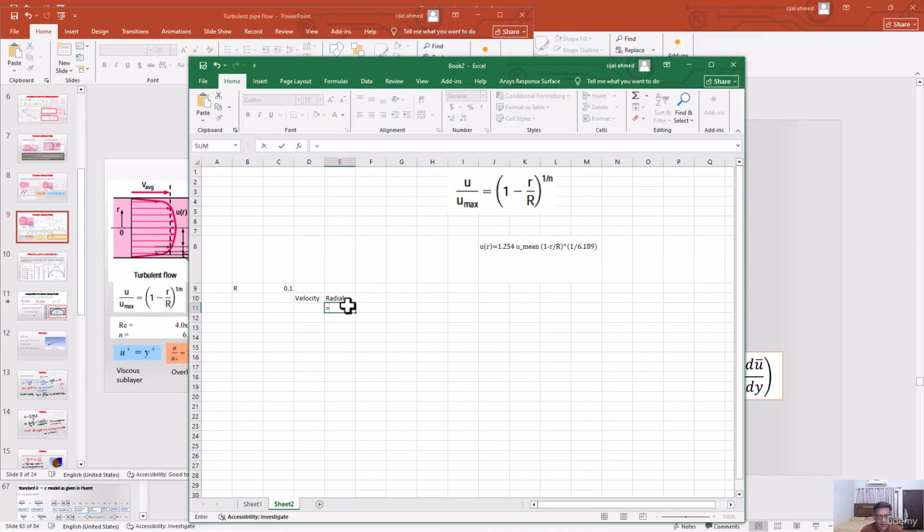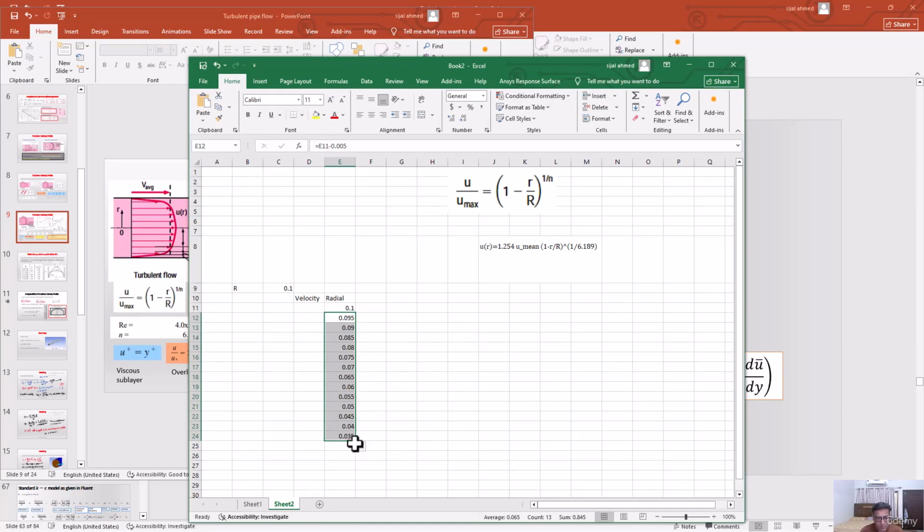I start with 0.1, then gradually decrease the value by subtracting 0.005.